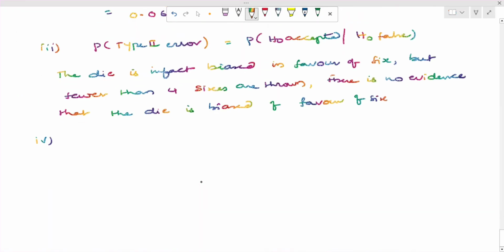So, type 2 error. It means P of type 2 error means X less than 4.